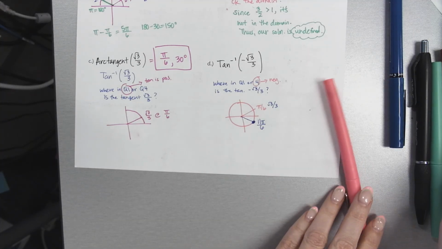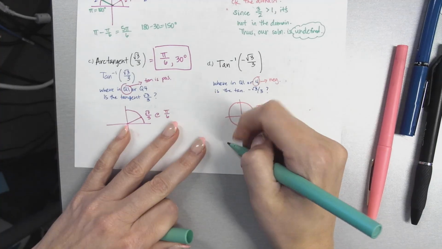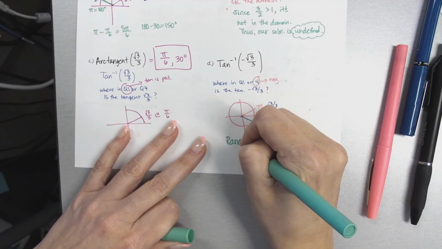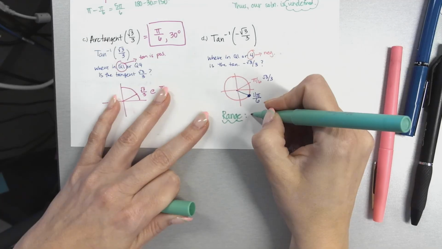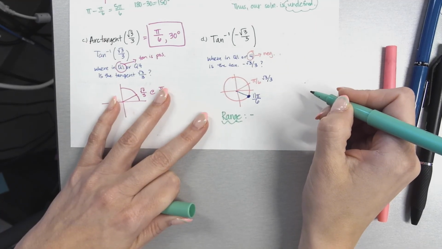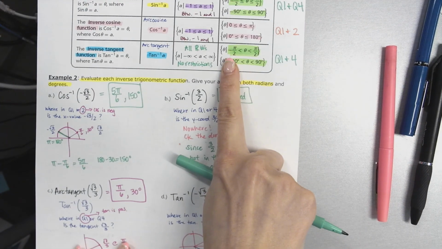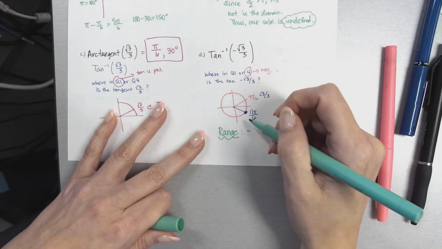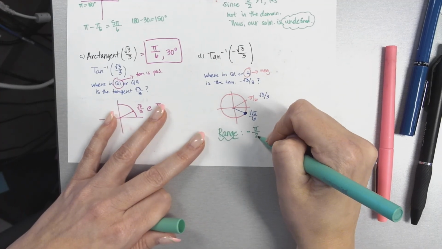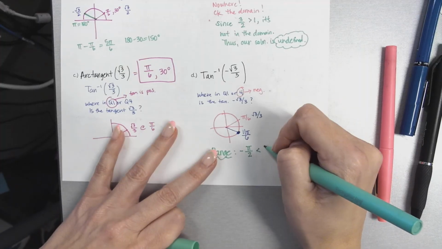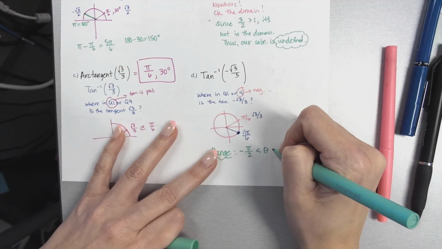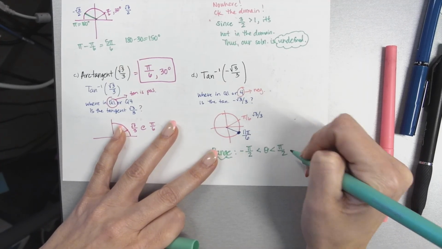So remember that our range has to be between what and what? The range has to be negative pi over 2 and pi over 2, okay?